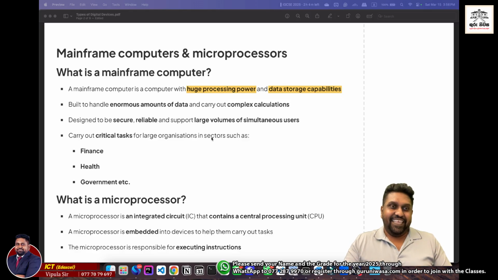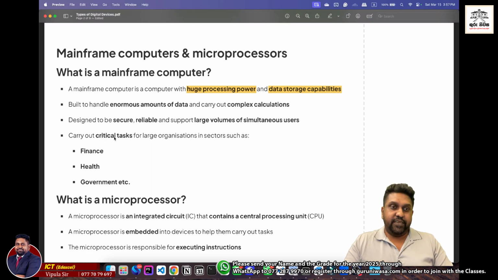As well as that, they are designed to carry out a certain set of critical tasks. Critical tasks is also a specific keyword, which refers to large organizations like the government sector, health, finance, banking, gaming, cloud computing, and shared resources and applications such as emails.